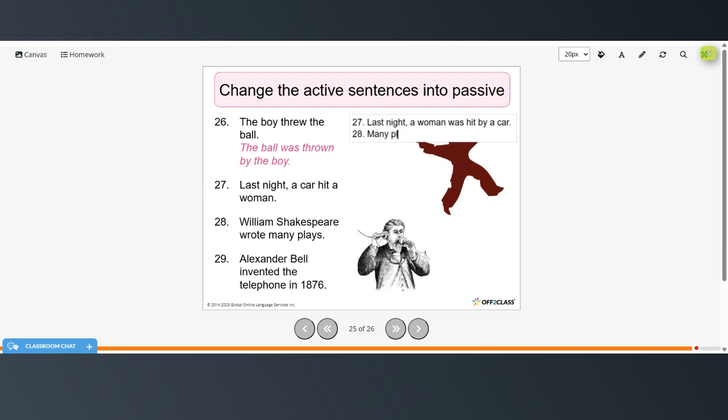Many plays were written by William Shakespeare. The telephone was invented by Alexander Bell in 1876.